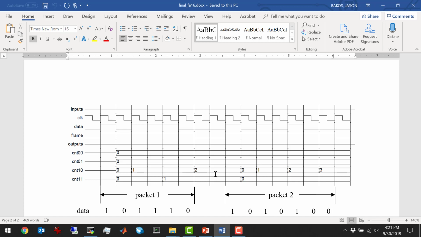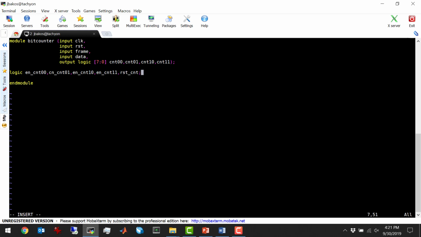Okay, all right, so I'll have an always_ff @(posedge clock) begin, end, and I'll combine all the counter behavior into one always block.